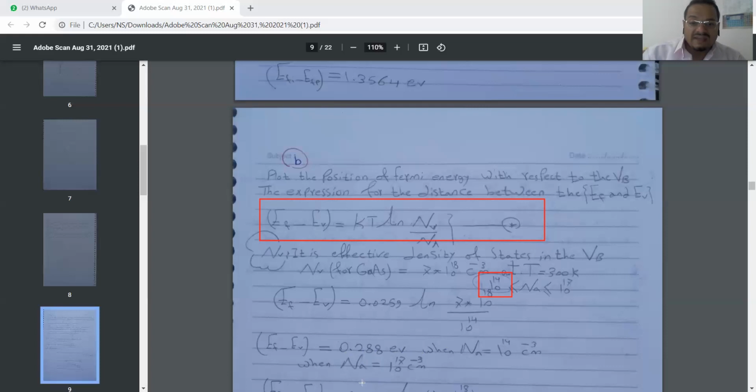Now when Na equals 10^17, we will just change this place. We will put 10^17 instead of 10^14. Let me delete all of these to go on to the next.